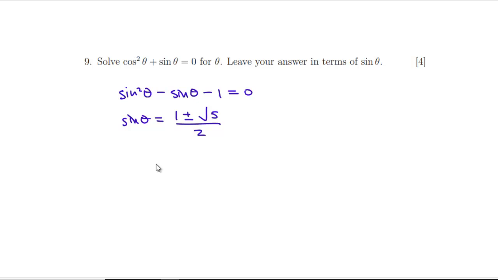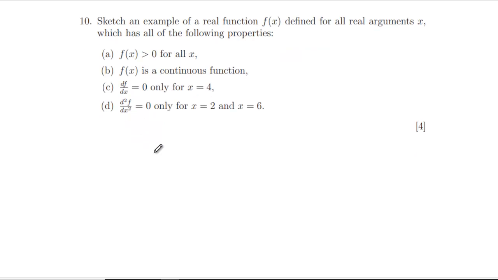Well, it can't be plus because that's outside the range of sine theta. So sine theta equals (1 minus the square root of 5) over 2. And at least that's in the range of minus 1 to 1. So another really easy question. I suppose I had to put some in, considering how difficult it was at the beginning.